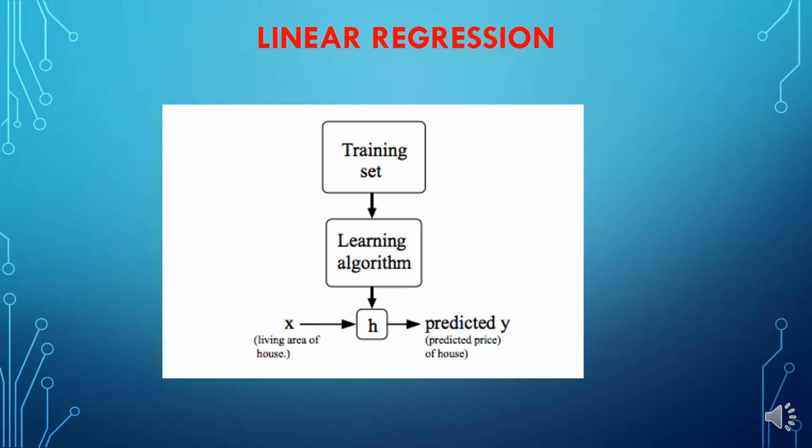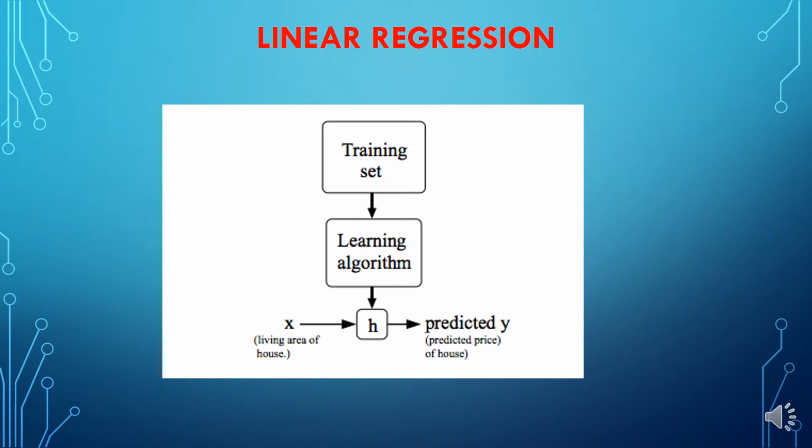We have a training set. The training set is from the past data. For example, suppose you are trying to find out a linear regression model for rains occurred in a month, on a particular day.